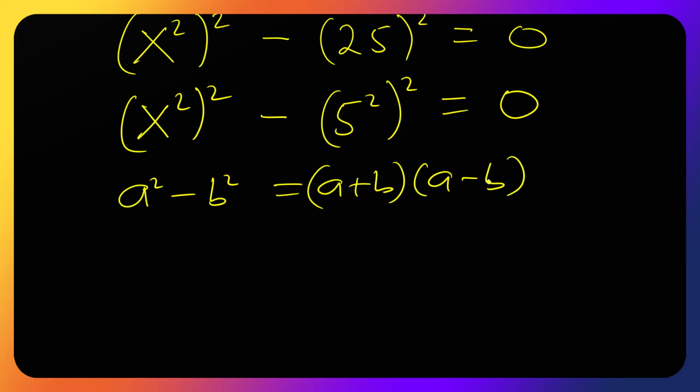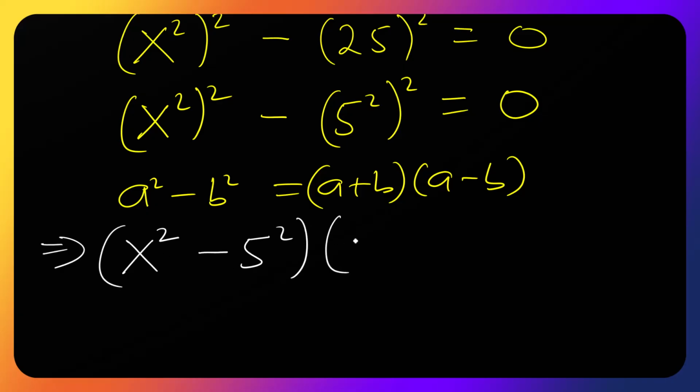All right, now when we have a squared minus b squared, it is the same as a plus b, a minus b. So from here, a is x squared and b is 5 squared. Now my next step will be x squared minus 5 squared and x squared plus 5 squared equals 0.